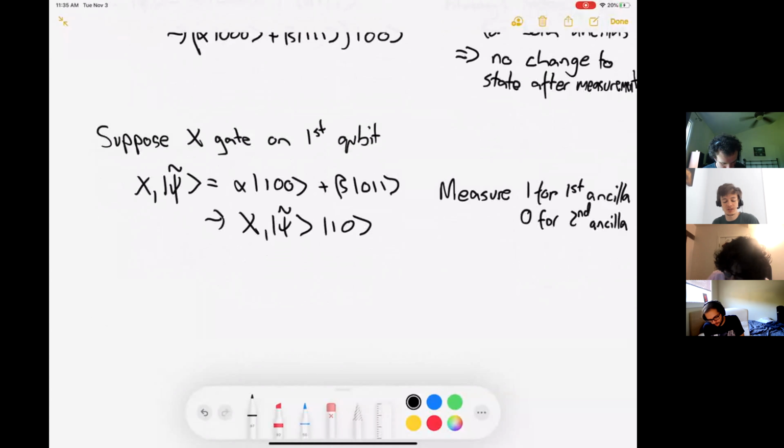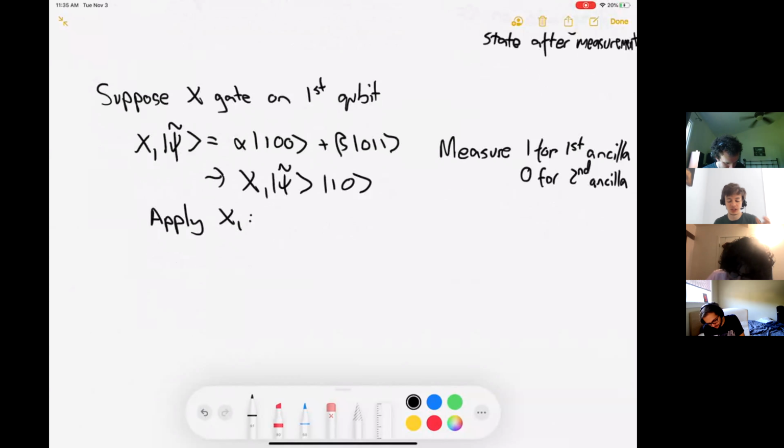But now let's suppose that when we measure 1 for the first ancilla and 0 for the second ancilla, our rule is that we then apply x1 to the state. We say if we get 0 for both, we just don't do anything. But if we get 1 for the first, 0 for the second, we apply x1.